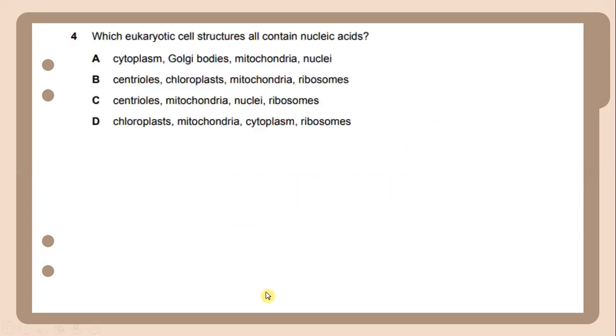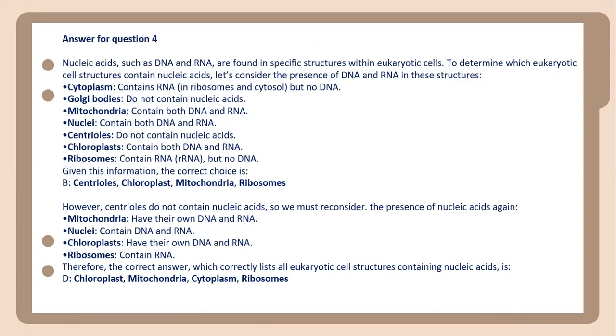Number 4, which eukaryotic cell structures all contain nucleic acid? Let's look at the next page for further explanation. Nucleic acids such as DNA and RNA are found in specific structures within eukaryotic cells. To determine which eukaryotic cell structure contains nucleic acid, let's consider the presence of DNA and RNA in each structure.